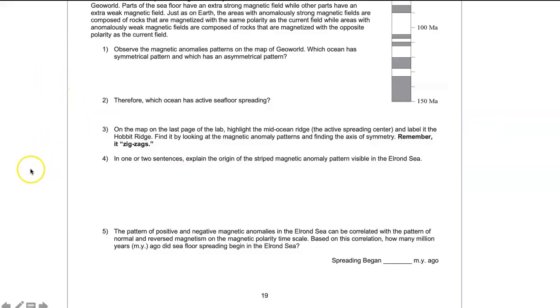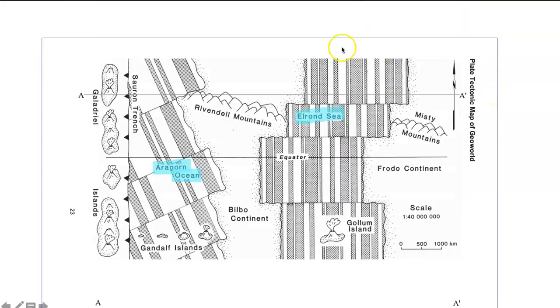The first question says, observe the magnetic anomaly patterns on the map of Geoworld. Which ocean has a symmetric pattern and which has an asymmetric pattern? So they're asking you to look at the pattern here in the Elrond Sea and see if there's any place that you could divide this that would provide symmetry.